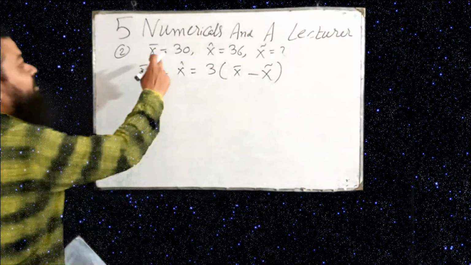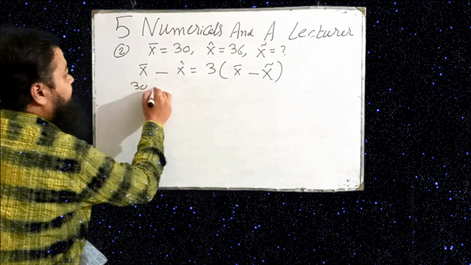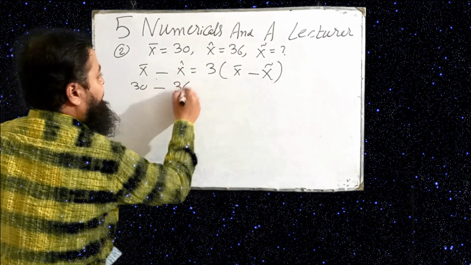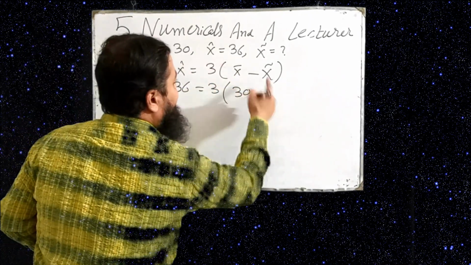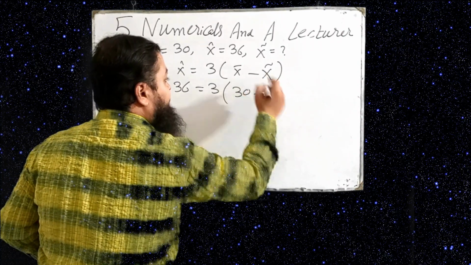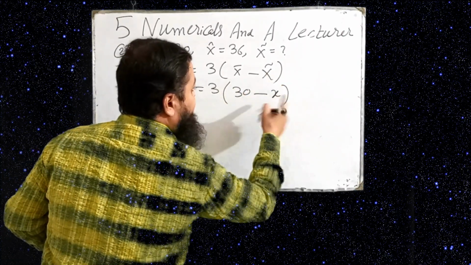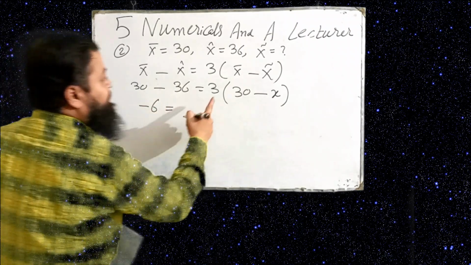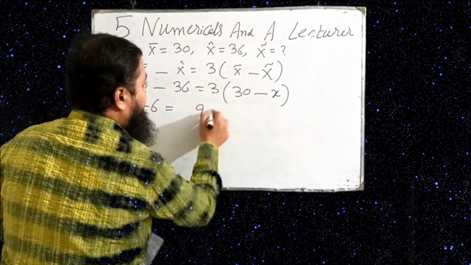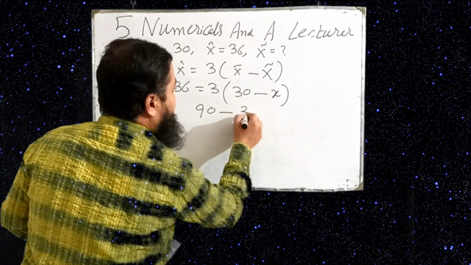Now just substitute the values. Mean is 30 minus mode is 36 is equal to 3 times mean is 30 minus, we are to calculate the value of median. Let's suppose it is x. 30 minus 36 is minus 6 is equal to 3 into 30, 90, minus 3 into x, is 3x.